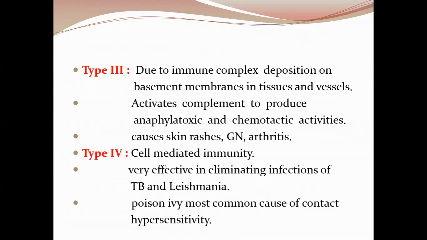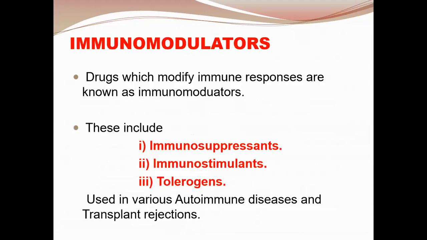So here, the classical examples are the tuberculin test and contact hypersensitivity reaction, which is mainly seen with either tuberculosis, the tuberculin test, or the poison ivy. So those are the classical examples of type 4 hypersensitivity, which is a cell-mediated type of hypersensitivity reaction.